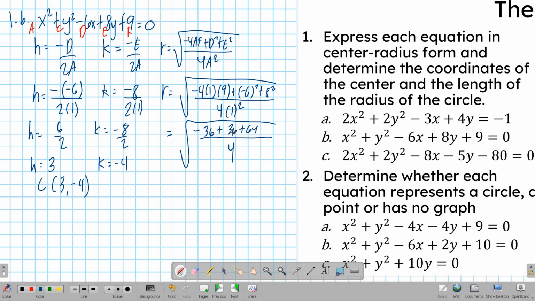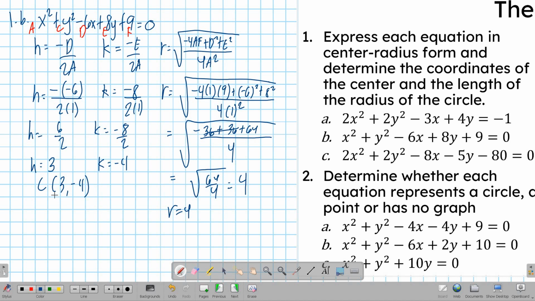So therefore, this gets cancelled. We're going to get the square root of 64 over 4, which would be equal to 4. So therefore, the radius is equal to 4.